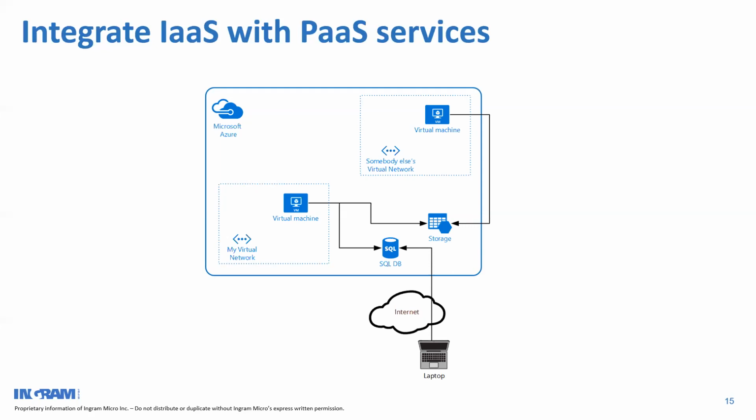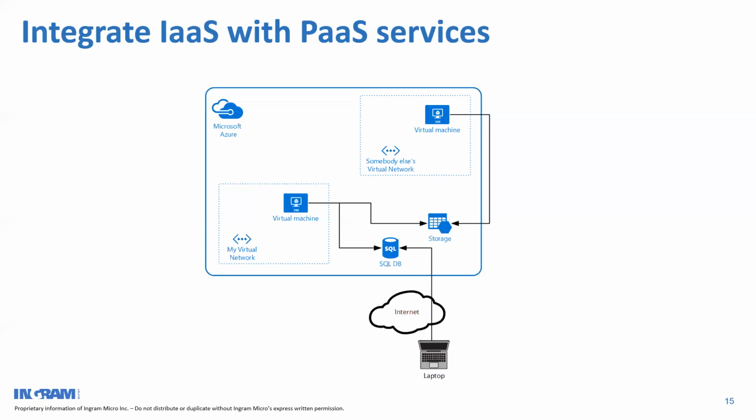In this diagram, as you can see, I can configure my internal virtual machine to talk to SQL database as a service or storage, or somebody using another virtual machine in a completely different network. I can make them go through the internet and come into the Azure network again and talk to the storage. So these are various scenarios that we see day to day.